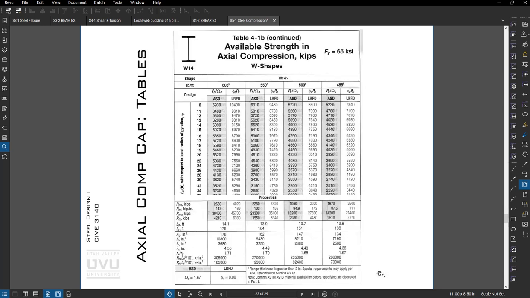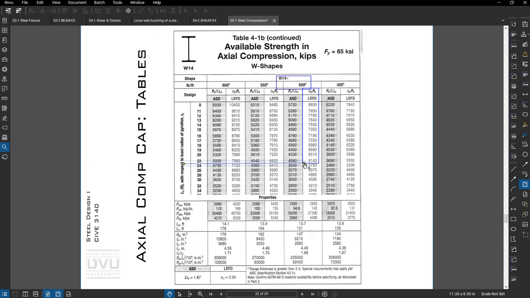Okay, another great table from AISC are these strength tables. So let's say we have a W14 by 500 column, and I'm using LRFD, and I have a 22-foot unbraced length. So that would be L over R right there.